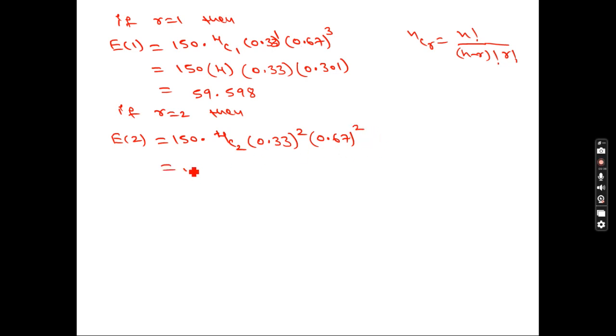So it means 150 into 4C2. If you calculate 4C2, using the same formula you will get the answer 6. Then 0.33 multiplied 2 times gives 0.1089.